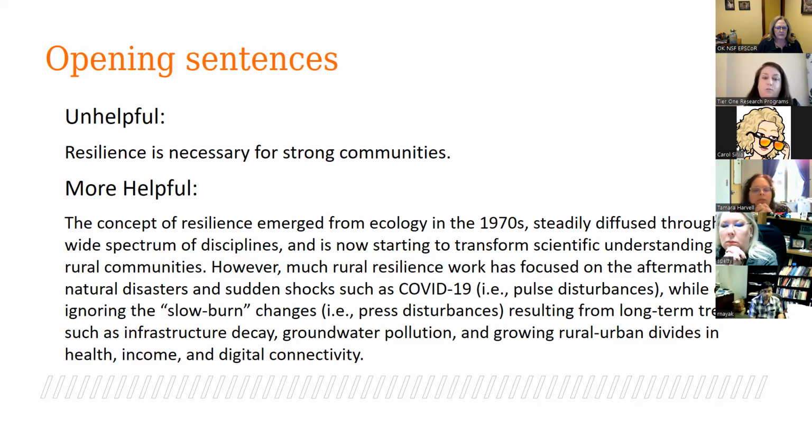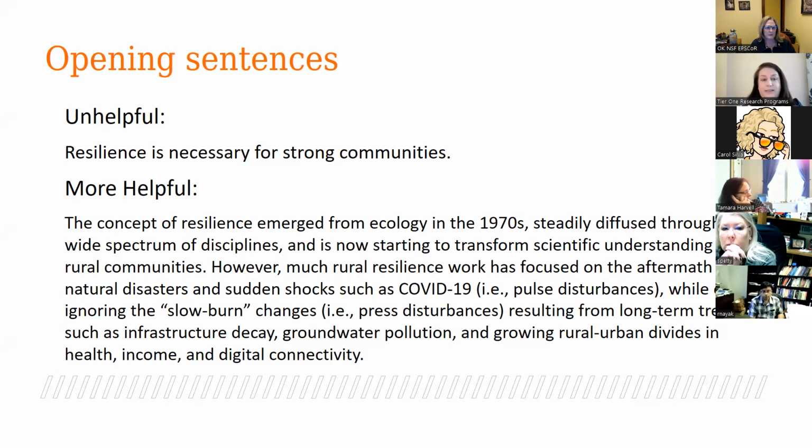However, much rural resilience work has focused on the aftermath of natural disasters and sudden shocks such as COVID-19, i.e. pulse disturbances, while often ignoring the slow burn changes, i.e. crest disturbances, resulting from long-term trends such as infrastructure decay, groundwater pollution, and growing rural-urban divides in health, income, and digital connectivity."